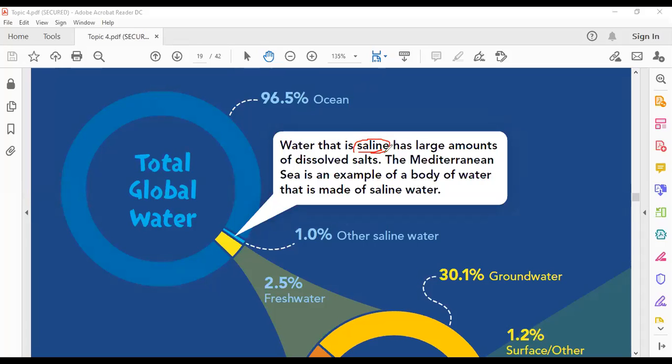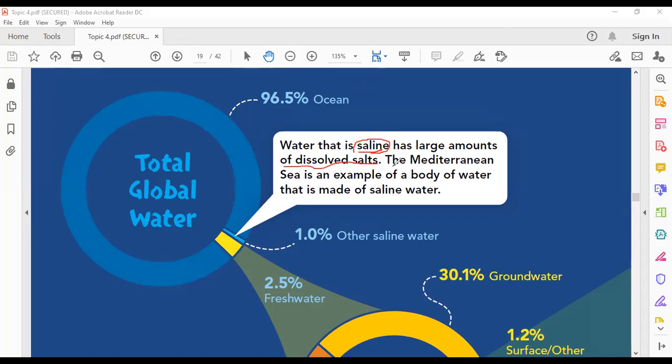The water that is saline has large amounts of dissolved salts. What is the meaning of salt water? When we say that water is salty or saline, that means there are large amounts of dissolved salts, while fresh water has no salt dissolved in it or a very, very little amount of salt.